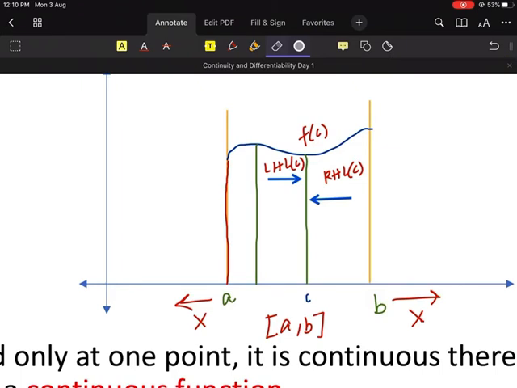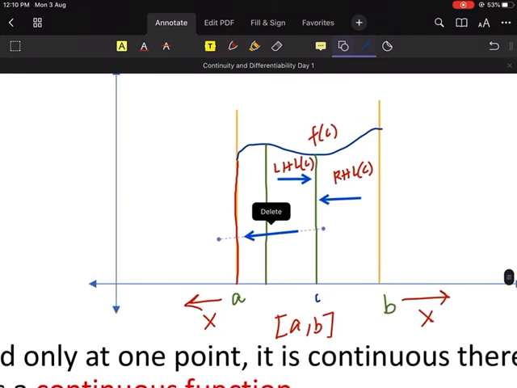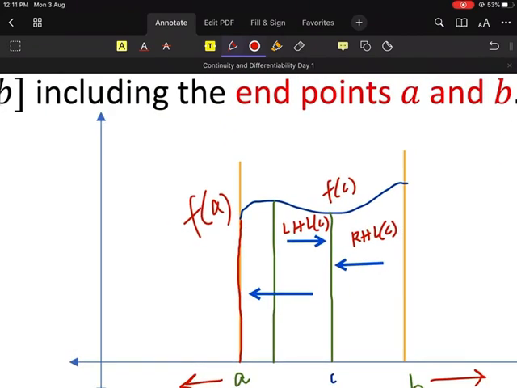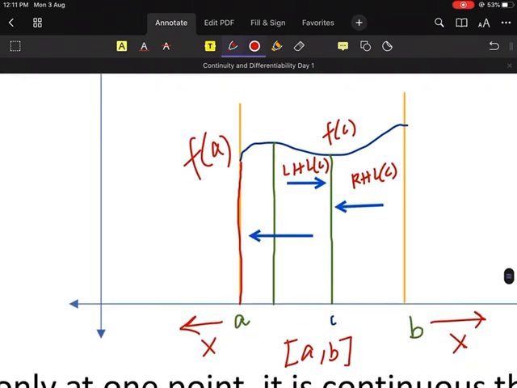Everyone clear? So what we can say is, at the point A, we can only find the right hand limit and the value of the function at the point A. Understood?